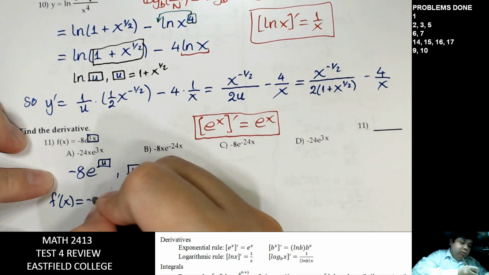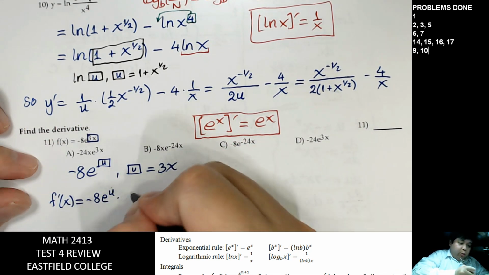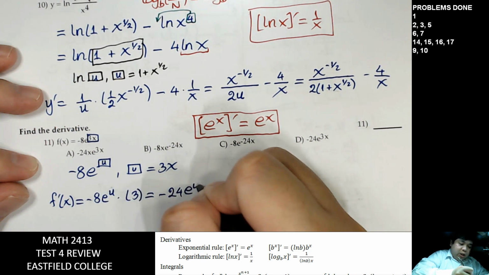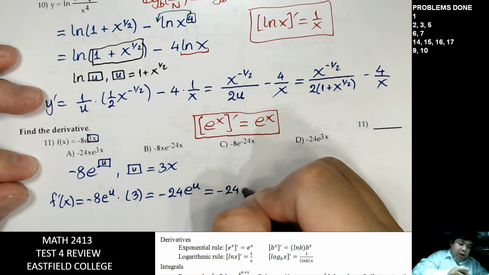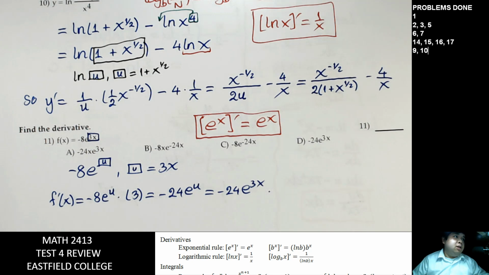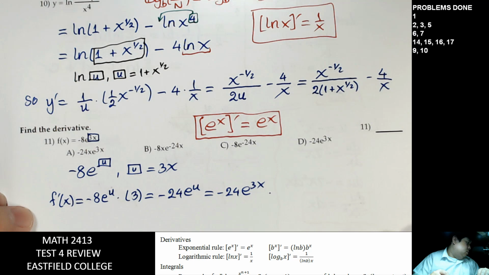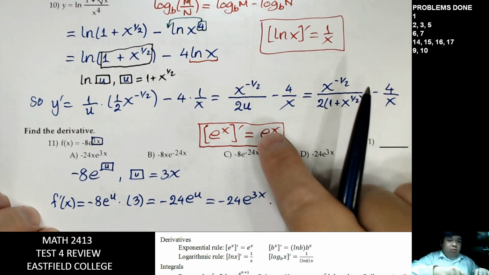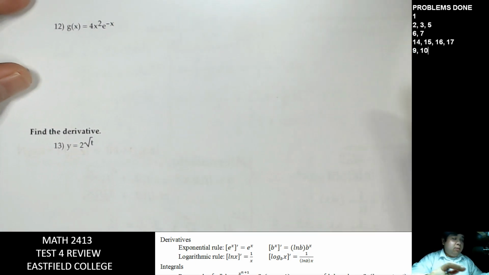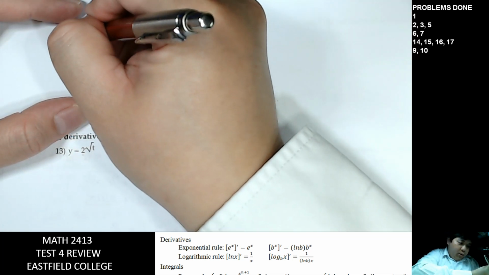E to the u, still e to the u, with a negative 8 in front. The derivative of 3x is 3. So negative 24 e to the u, or negative 24 e to the 3x. So just have that. Now, e to the x, this is a product rule.